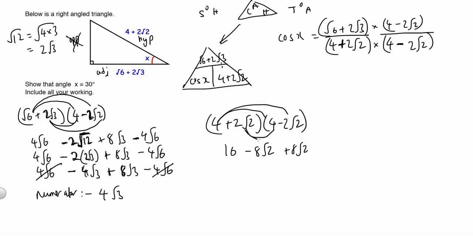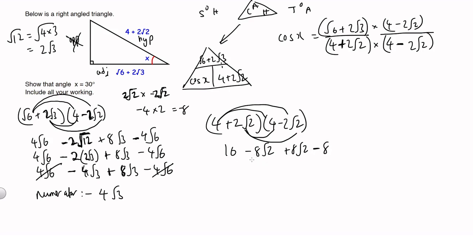And finally, 2 root 2 times negative 2 root 2. First of all, 2 times negative 2 is negative 4, and then root 2 times root 2 is just 2. That gives you negative 8.